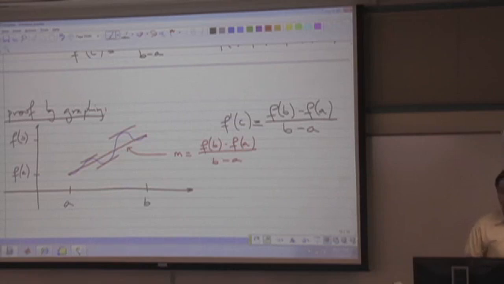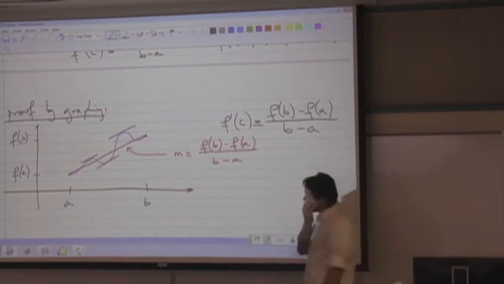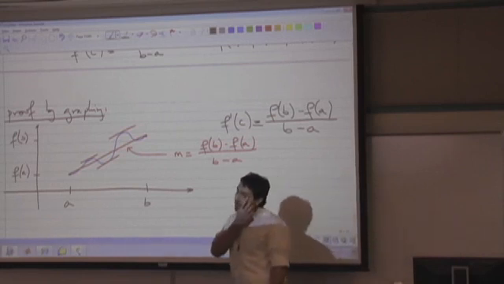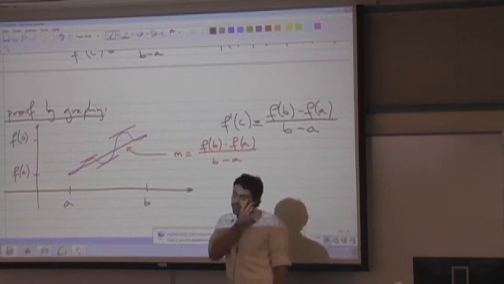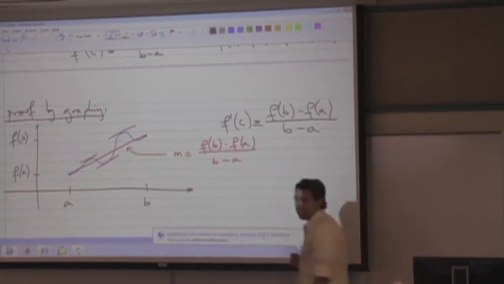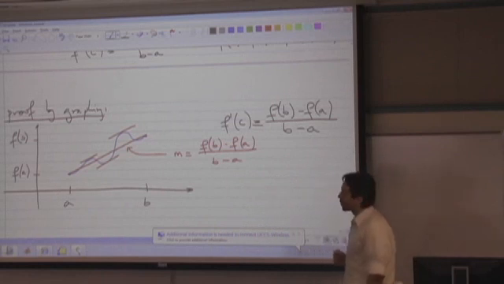By the way, how do you actually prove this? Rolle's theorem is actually very easy to prove. The mean value theorem is very simple to prove because it's nothing else but a skewing of Rolle's theorem.